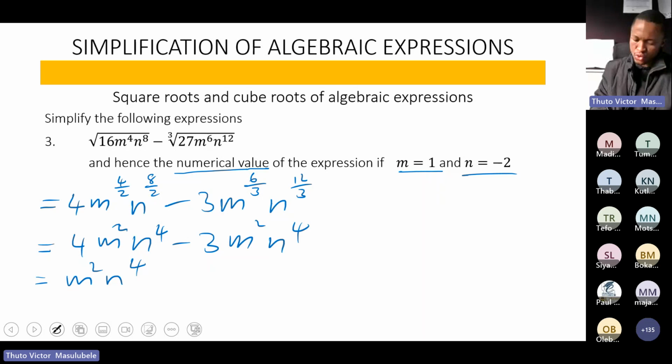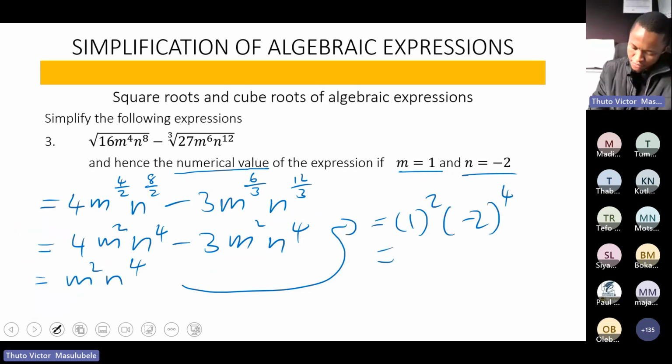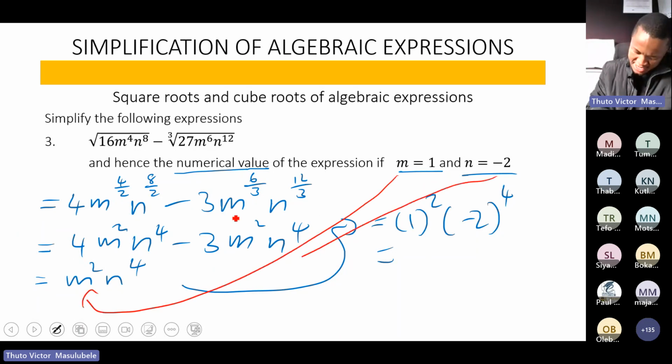So what it simply means, it means we have to substitute in the variables the values that have been given to us. So it simply means we'll have here 1 all squared substituted by -2 to the power of 4, because they told us exactly what the value of m is and what the value of n is.